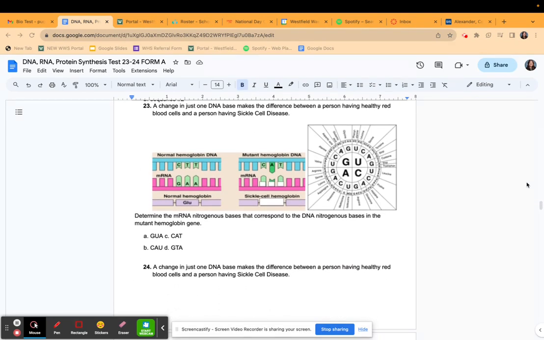A change in just one DNA base makes the difference between a person having healthy red blood cells and a person having sickle cell disease. Determine the mRNA nitrogenous bases that correspond to the DNA nitrogenous bases in the mutant hemoglobin gene. A. GUA, B. CAU, C. CAT, D. GTA.